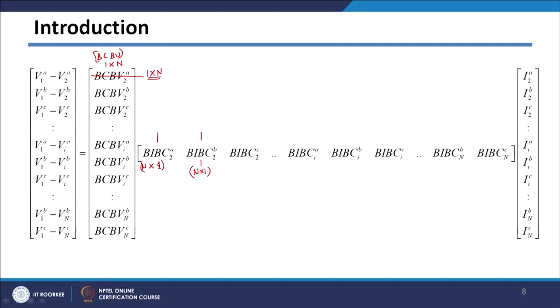So, there will be one row and n columns in this matrix, and this is your BIBC, as I told you, and this is your I node. So, in short circuit analysis, we are going to use this nomenclature of BCBV and BIBC matrices, and we are going to use it for the corresponding fault analysis.